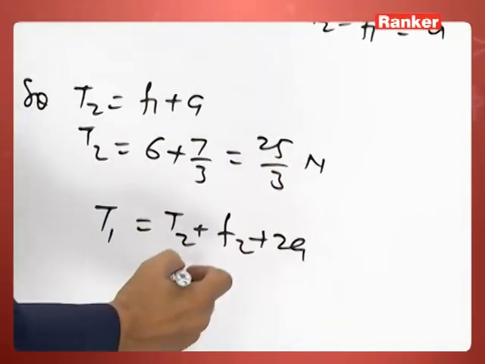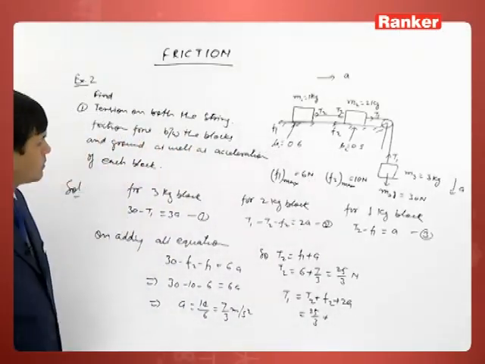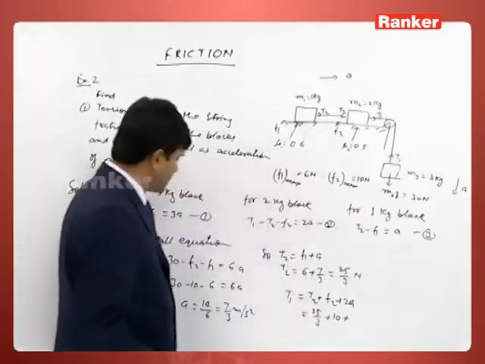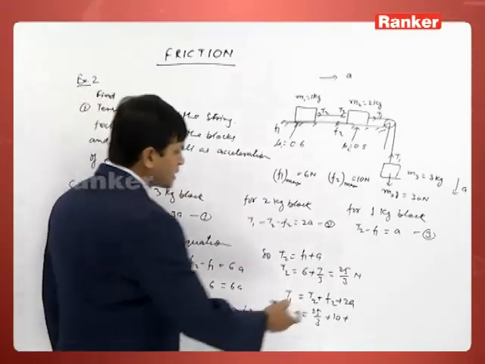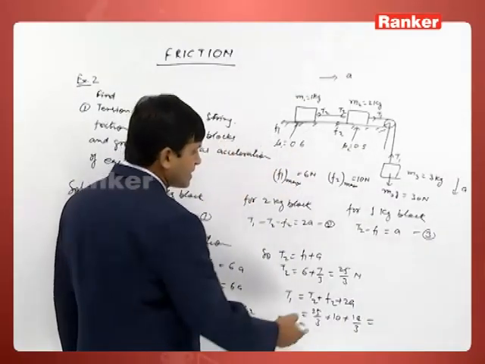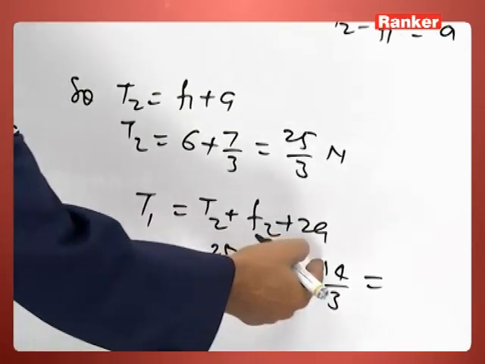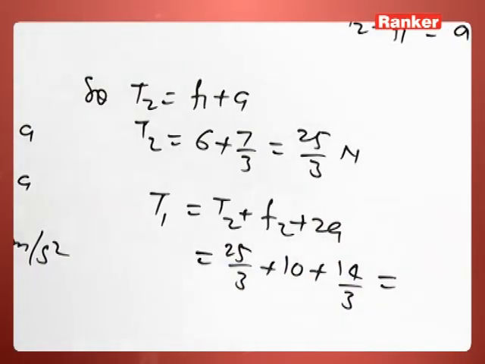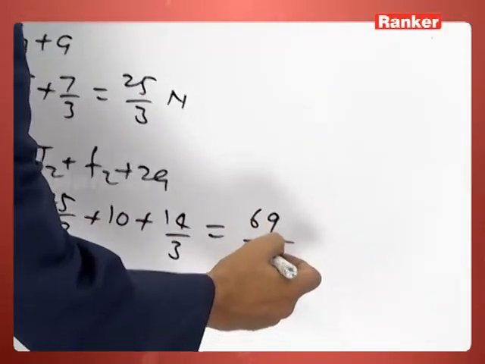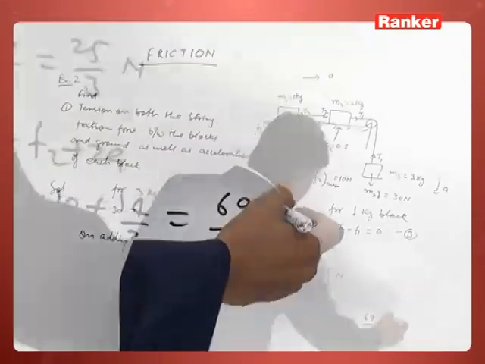T2 we have found is 25 by 3, F2 is 10, plus 2A. A is 7 by 3, so 2A will be 14 by 3. Simplifying, 10 into 3 is 30, 30 plus 25 is 55, plus 14 is 69 by 3, which means 23 Newton.